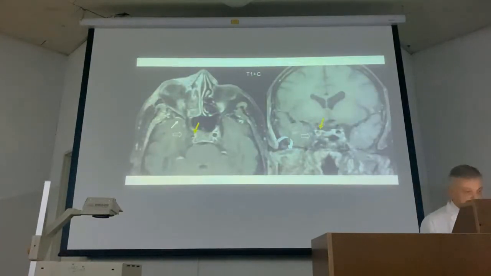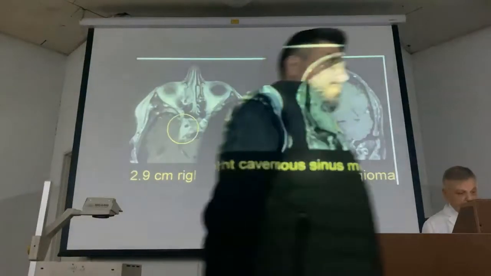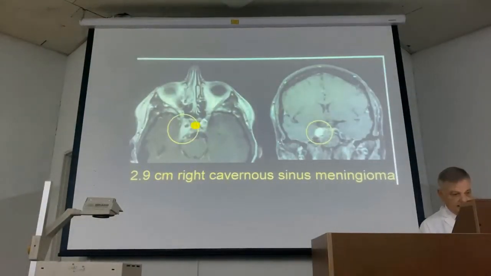Here is an MRI of a normal. That's the pituitary fossa, and these are normal cavernous sinuses on both sides of the pituitary fossa. And here is the pituitary fossa, and these are bad cavernous sinuses.